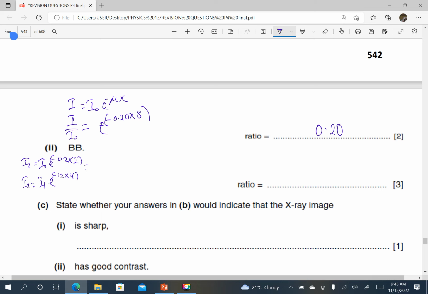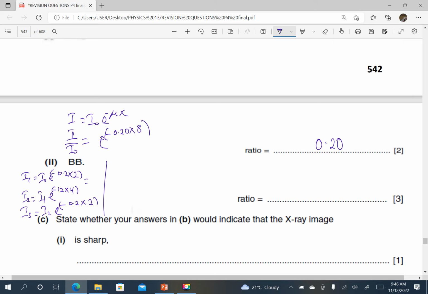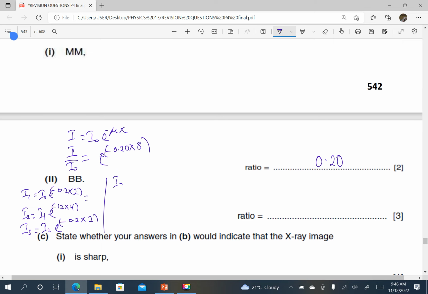Then let's say I2 just leaves the bone and again enters the muscle. So I3 is what arrives on the other end of the muscle, and I2 is what is incident. This will be e power negative, muscle is 0.2 times thickness, which is again 2. Now just do back substitution. I3 is I2 times this, I2 is I1 times that, and I1 is I naught times that.